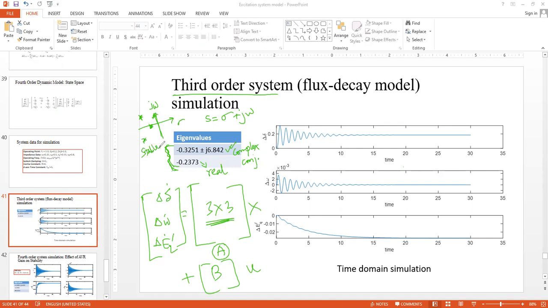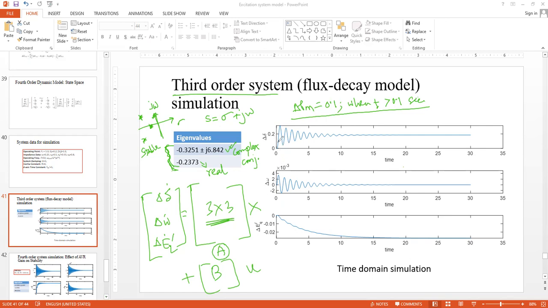And we can see the response here. For obtaining this response, as I said, delta PM is 0.1 when t is greater than 0.1 second. This was the simulation scenario. These are the responses for all three state variables.